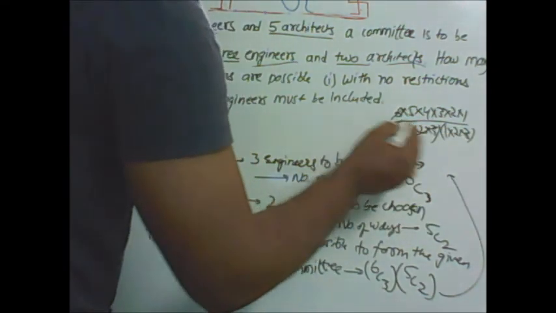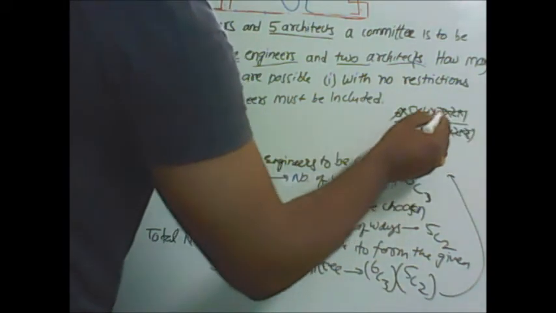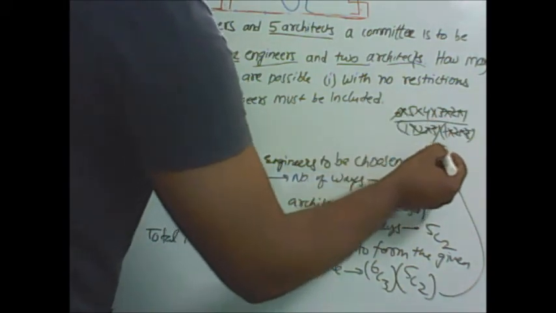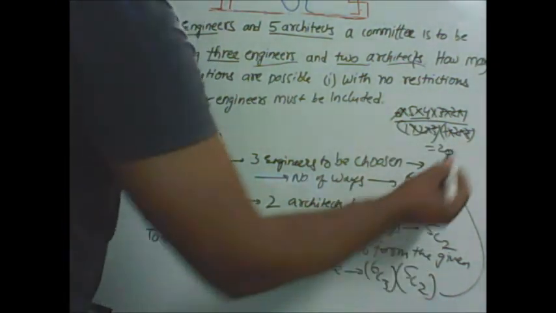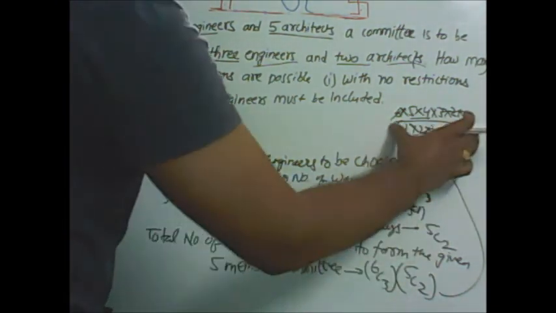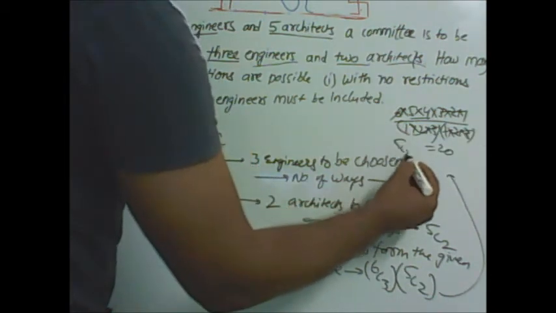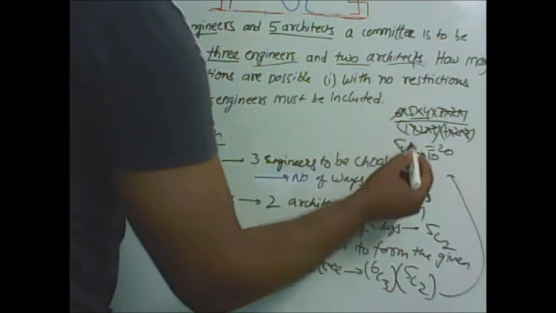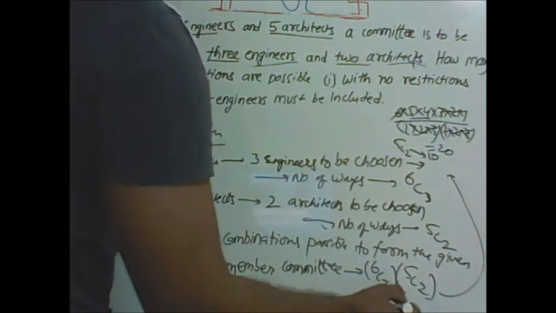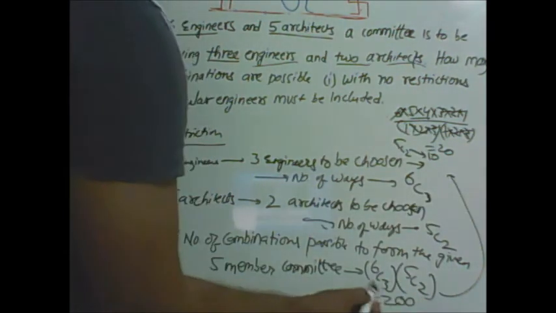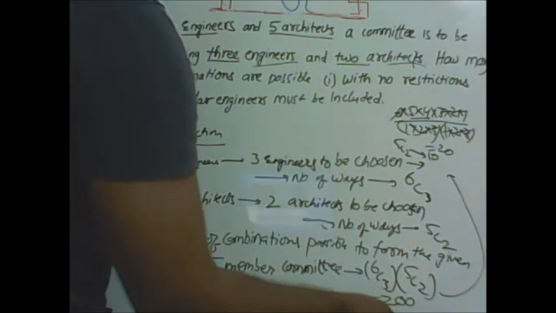So it is 20, 5 into 4, 20, that is 6C3. Again for 5C2, when we count, we will get 10. So 6C3 into 5C2 is total equal to 200. Okay, so 20 into 10, 200.